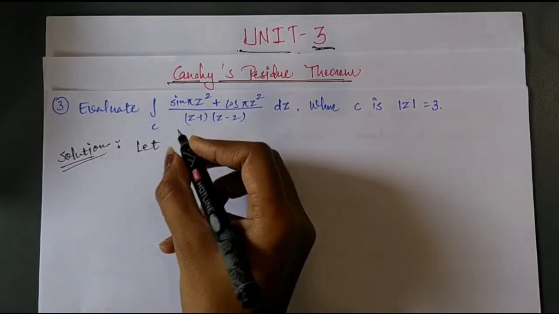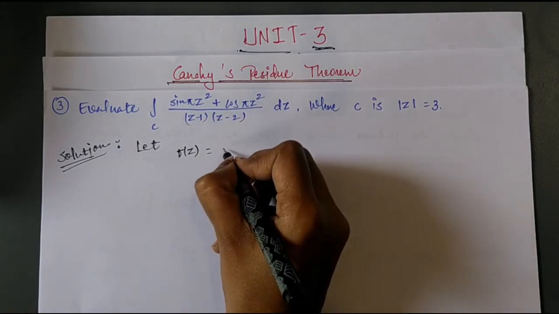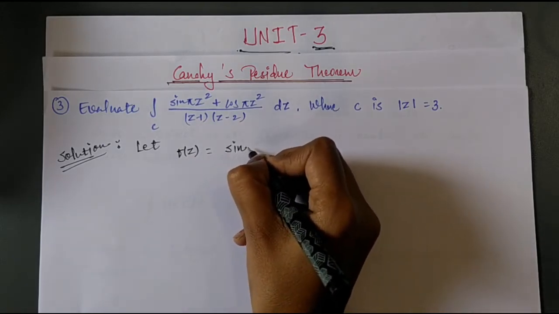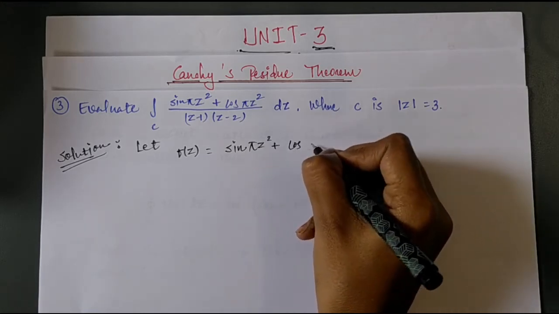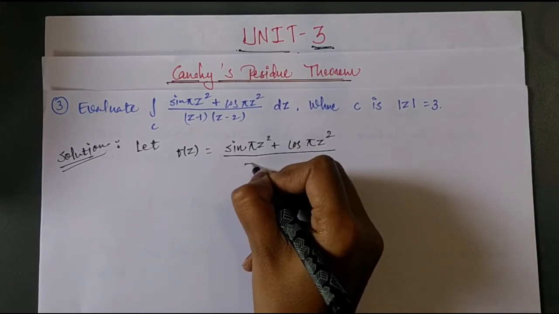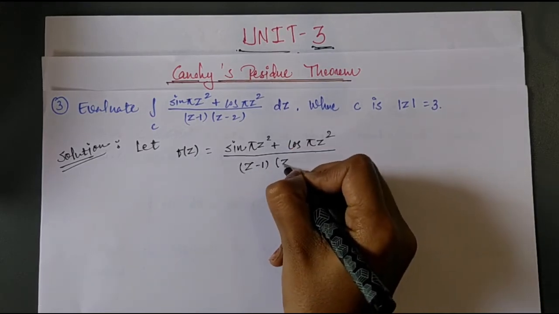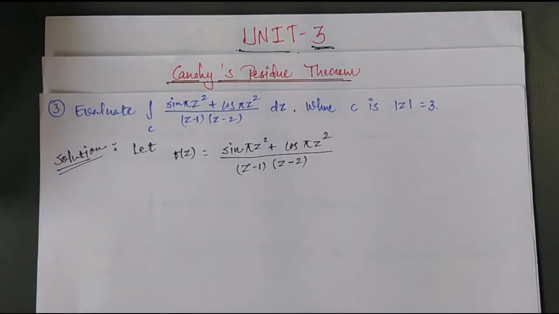as you know, first of all you have to take a function f(z). So it will be (sin πz² + cos πz²) upon (z − 1)(z − 2). Now you have to find whether it is a simple pole or a pole of order m.